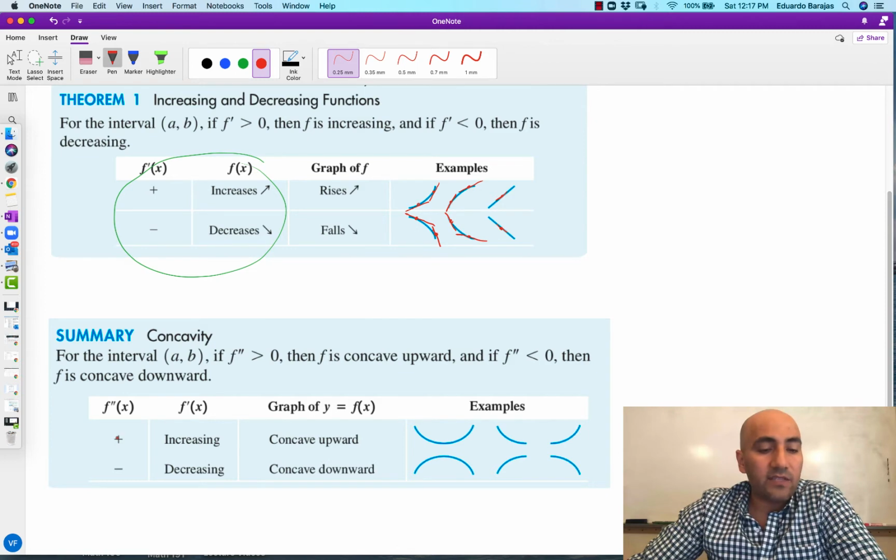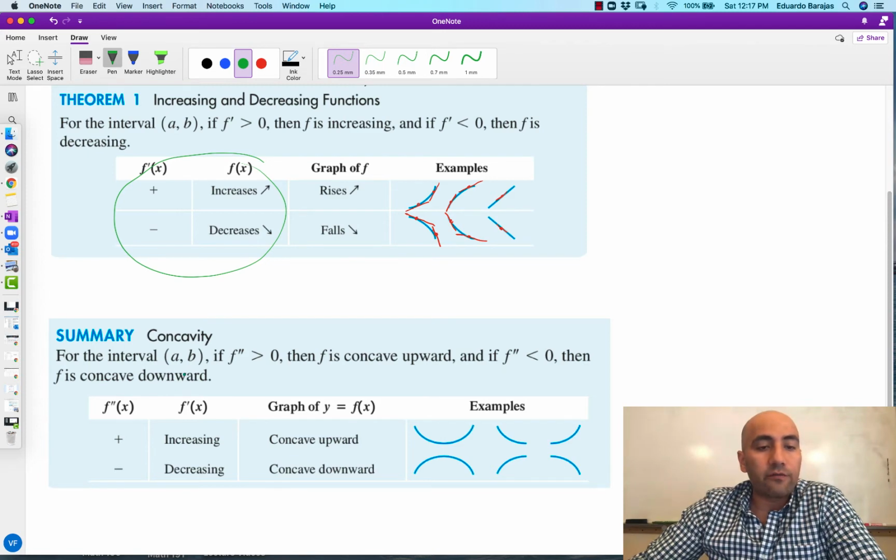A positive second derivative indicates that the first derivative is increasing. The graph of the first derivative is increasing, which then translates into the original underlying function as concave up. Likewise, there's a relationship between the second derivative being negative and the first derivative decreasing. So the second derivative is negative, means that the first derivative is decreasing, which means that the underlying function is concave downward on that interval.